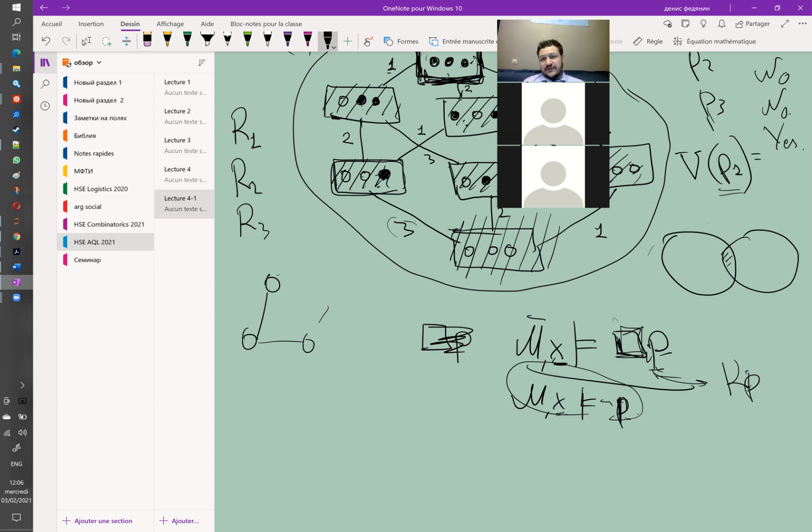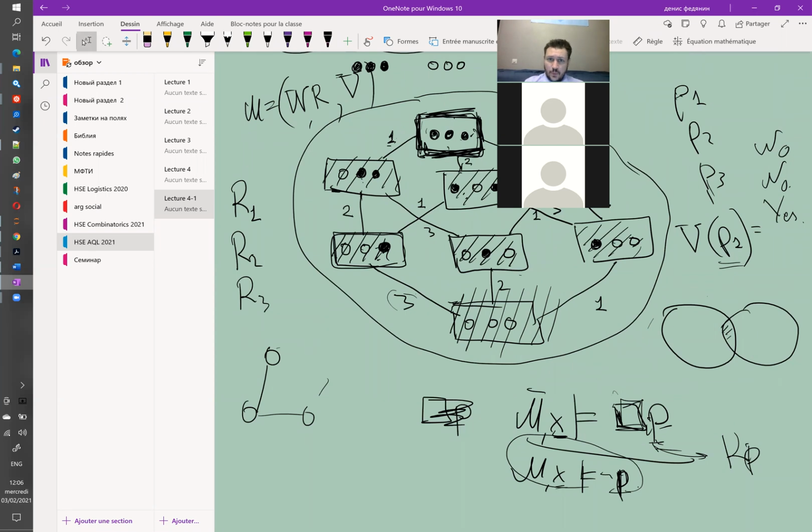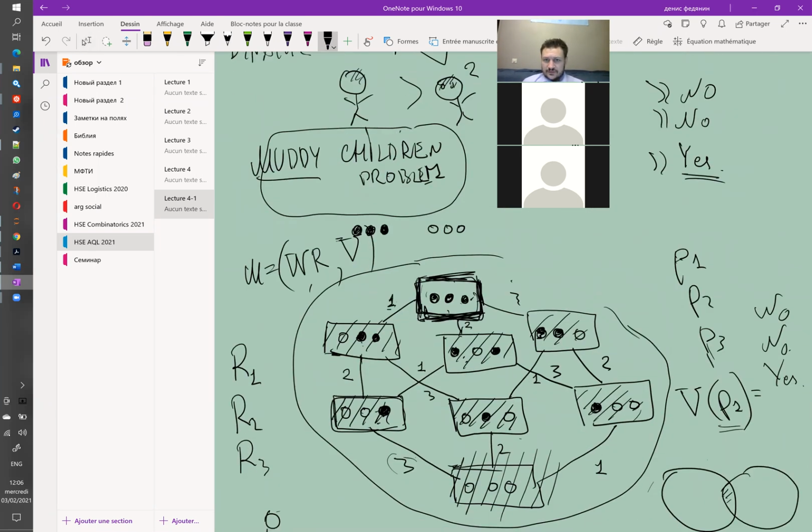What does it mean? This box means that if there is a world here, like here, so X here, and we have a special variable here, then box 1 is true for this if in all worlds that are connected with this one, with X, connected by relations of indistinguishability of the first agent, in all such worlds, this variable is true.